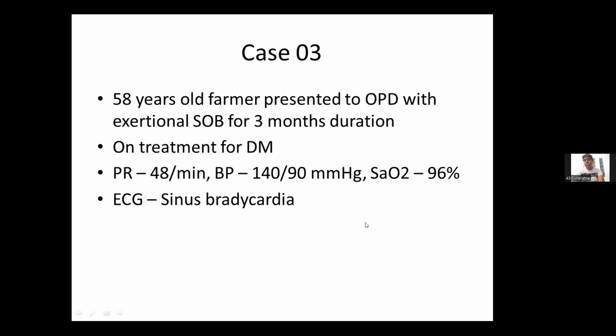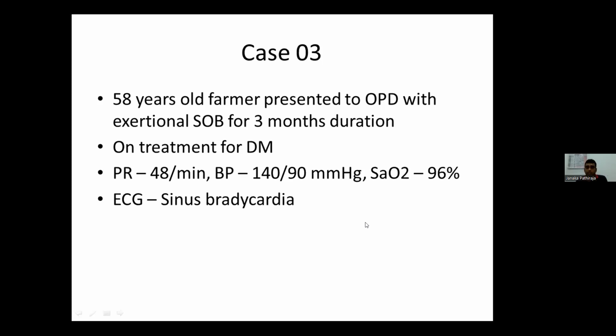No need to admit. Can investigate as an outpatient, sir. Yes, I think it can be investigated as an outpatient, because the main symptom, exertional shortness of breath, has been there for 3 months, at rest the patient is okay, and other hemodynamics are stable apart from the pulse rate of 48, which is not too bad.